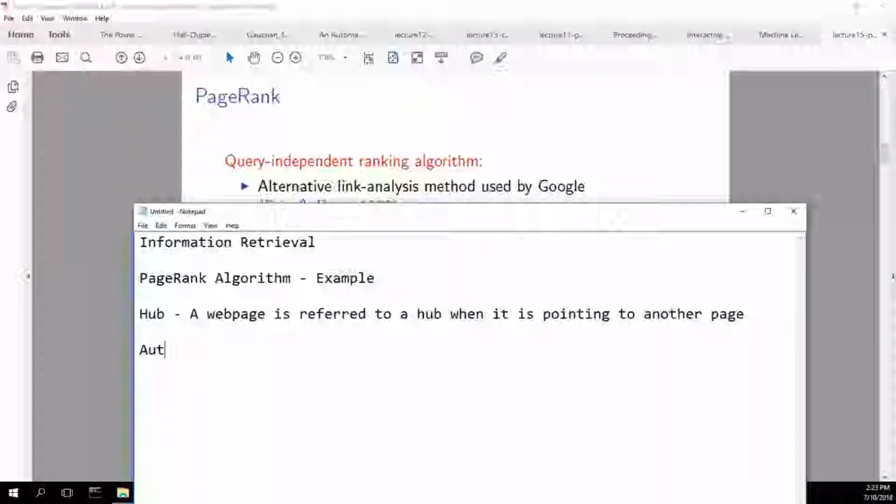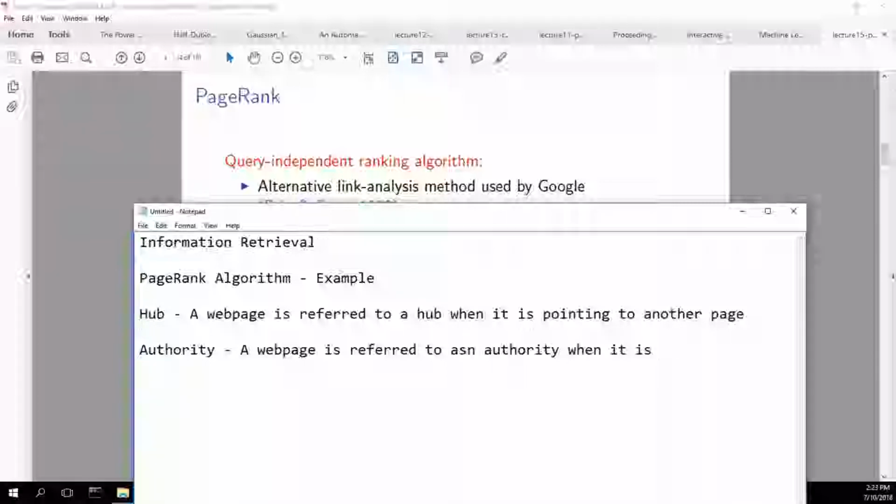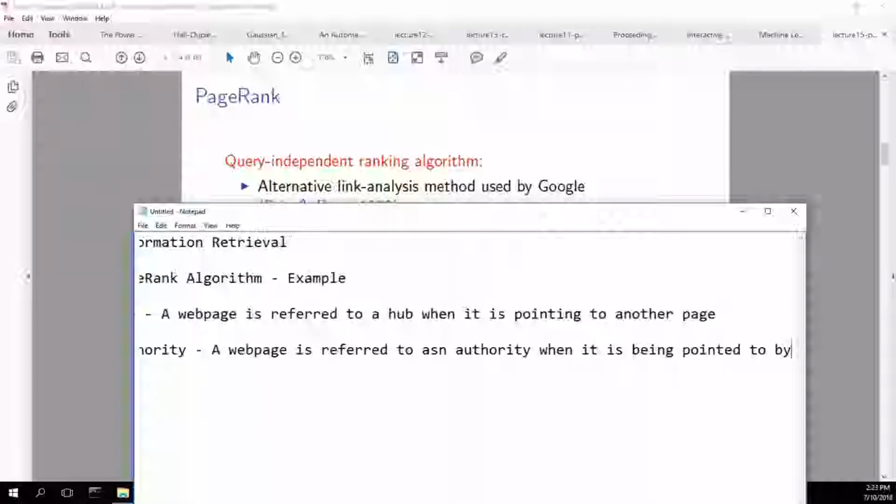But in authority, a web page is referred to as an authority when it is being pointed to by a hub.